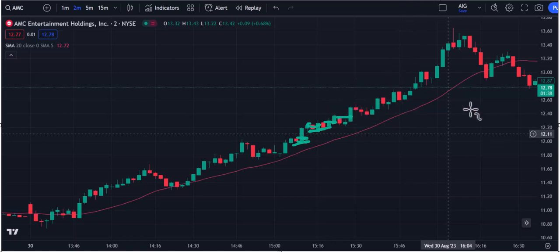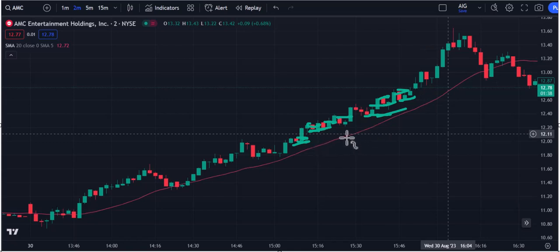So this strategy, what you're doing is you're buying after the pullback, and then the stock starts moving back up. Again, here, stop, here, stop, here, stop here, and on, up until it topped out around 13.60.